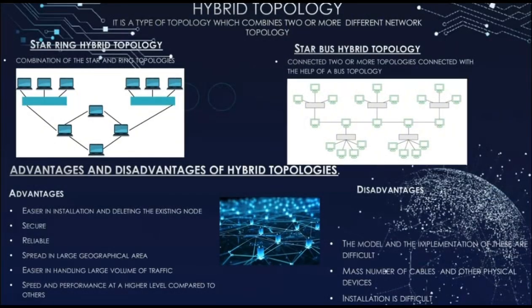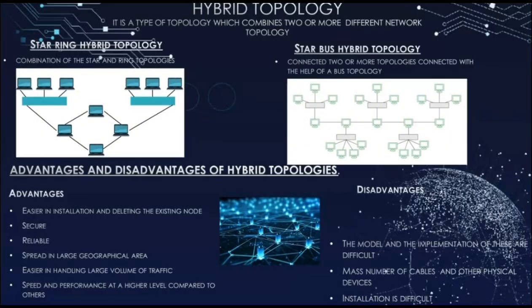Star ring and star bus are hybrid topologies. A hybrid topology is a type of topology which combines two or more different network topologies together. The star ring topology is a combination of star and ring topology, and the star bus hybrid topology is two or more topologies connected with the help of a bus topology. There are advantages and disadvantages of hybrid topologies.